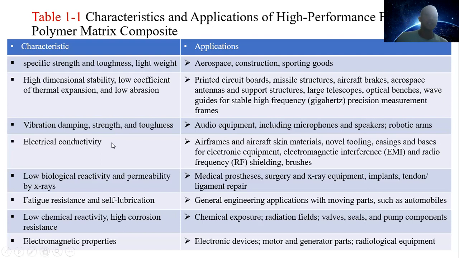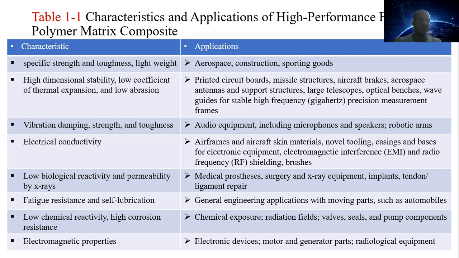Another characteristic is high dimensional stability, low coefficient of thermal expansion, and low abrasion. So printed circuit boards, missile structures, aircraft brakes, aerospace antennas and support structures, large telescopic optical benches, waveguides for stable high frequency precision measurement frames, these are all made from such material.